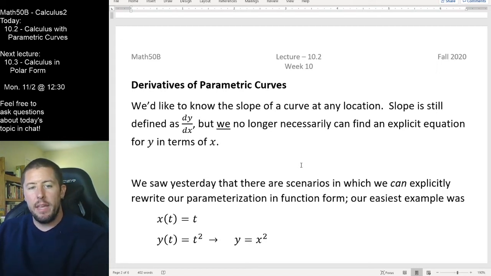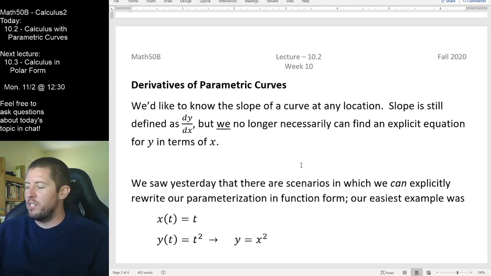But the dilemma here is that it's not necessarily guaranteed that we will be able to explicitly solve for y in terms of x. Now, I am going to start with a scenario in which we did manage to do that yesterday, just to help reinforce that this does happen occasionally. In our last video, we did see this one scenario where we can explicitly rewrite our parameterization in function form.